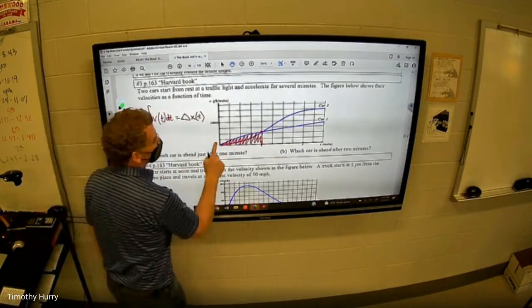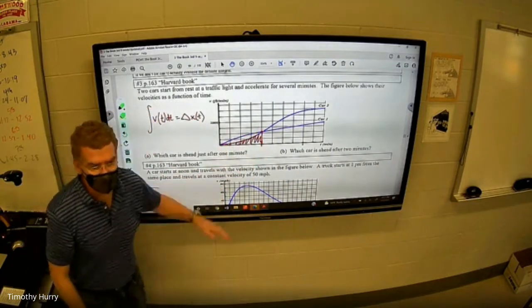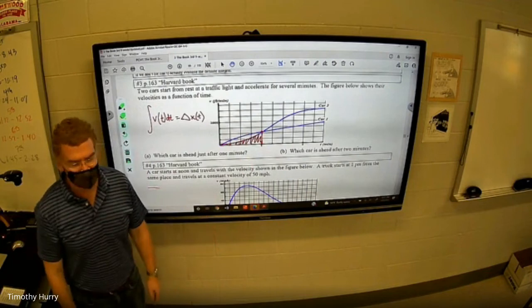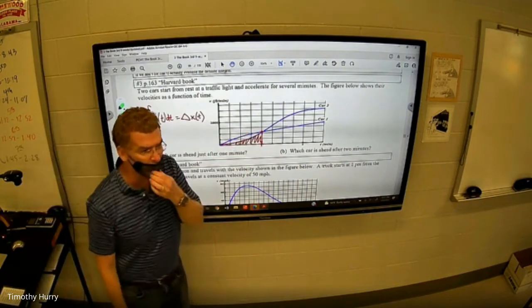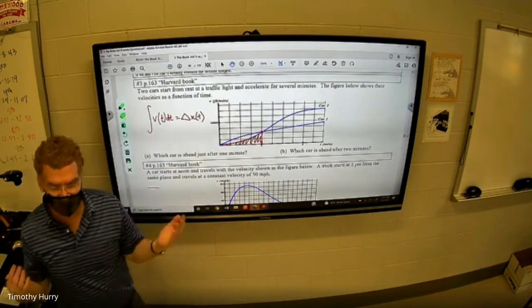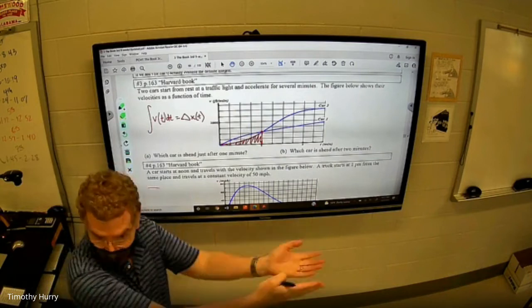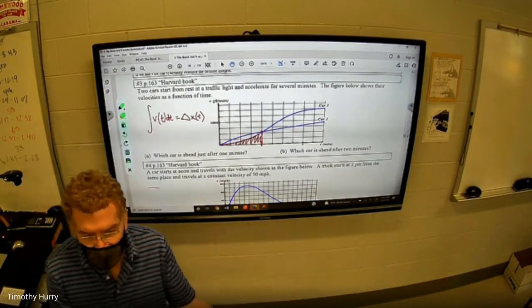This represents car 2's distance it traveled. That's its area. Which had the bigger area? Car 1 at this point had a bigger area, which meant it had a bigger change in position. And if it had a bigger change in position, it's ahead. Are y'all seeing that? So that's testing your knowledge of accumulation.